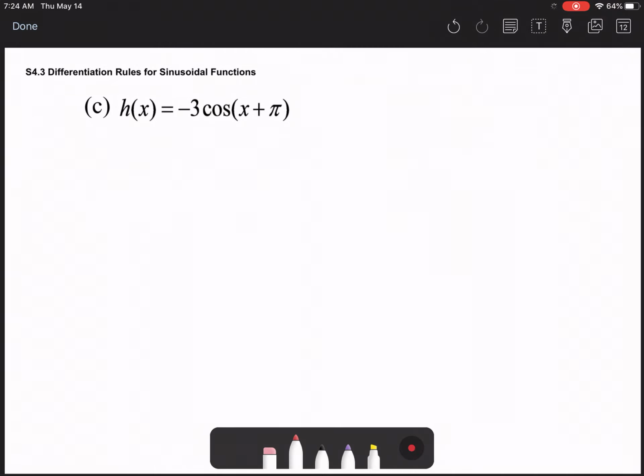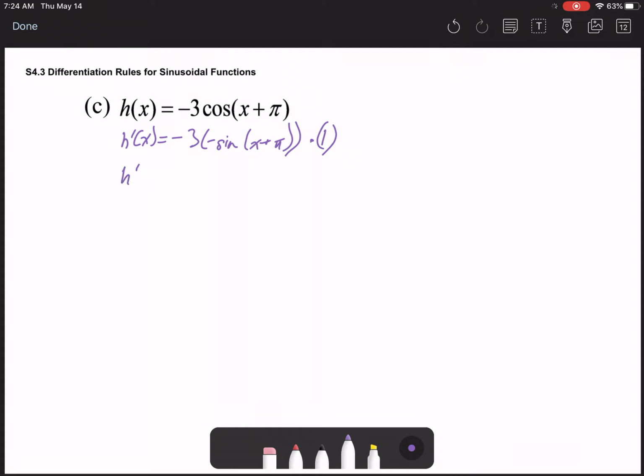Here's another one. So to work out the derivative of this one, derivative of cosine is negative sine. Leave the x plus pi alone. Times it by the derivative of x plus pi, which is just 1.